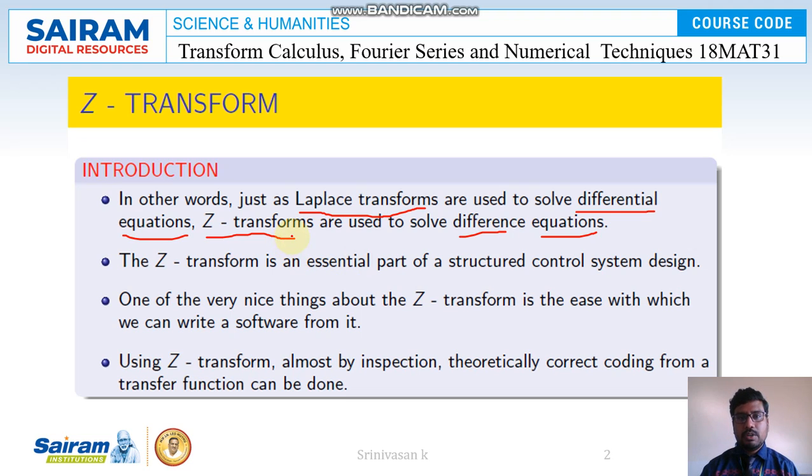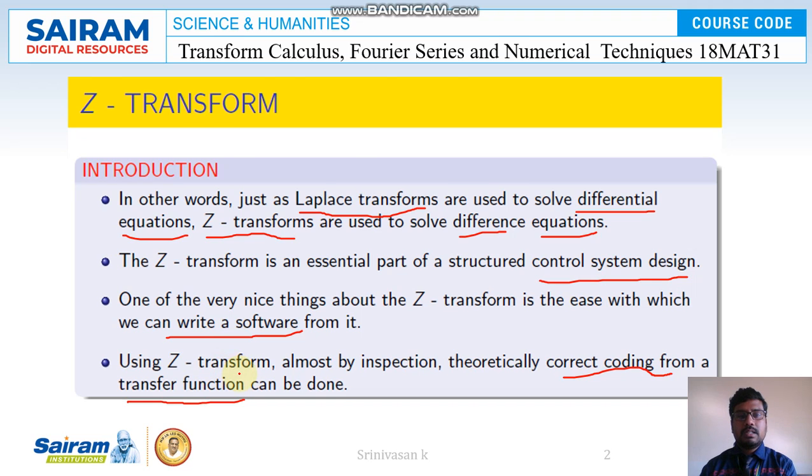And where we use the Z transform: in control system design, and also if you write some new software, we can convert by using Z transform and get the original solution, and also in some coding. Okay, so using the transfer function we get the solution of some difference equations.